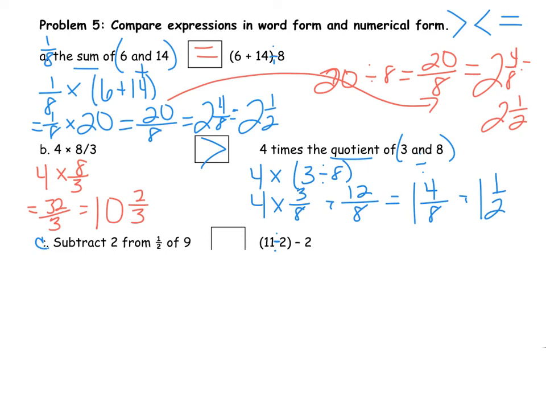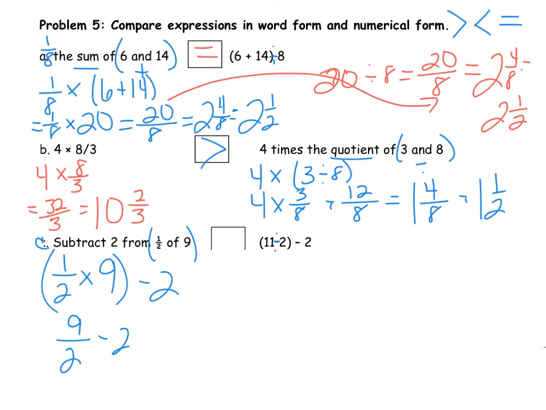Well, let's do letter C. Subtract 2 from 1/2 of 9. So I know I've got 1/2 of 9, which means multiply. And then I'm taking 2 away from it. Well, 1/2 times 9, 9 times 1 is 9/2, minus 2.